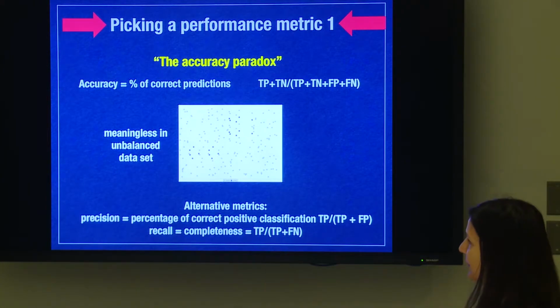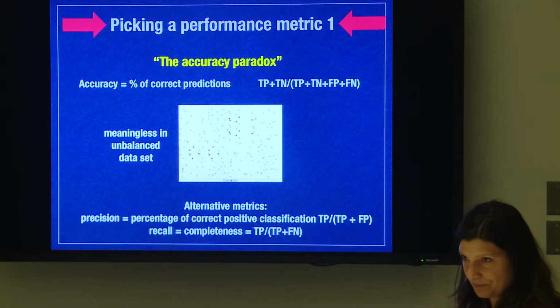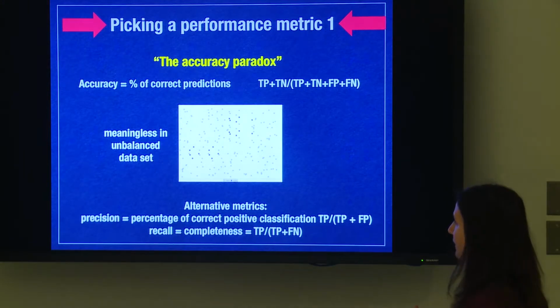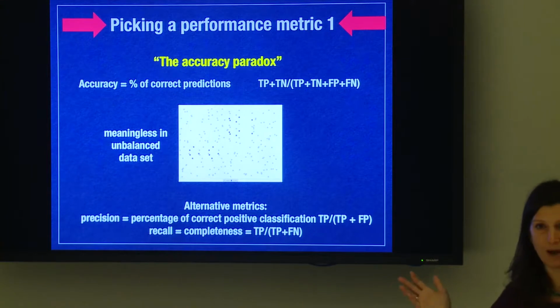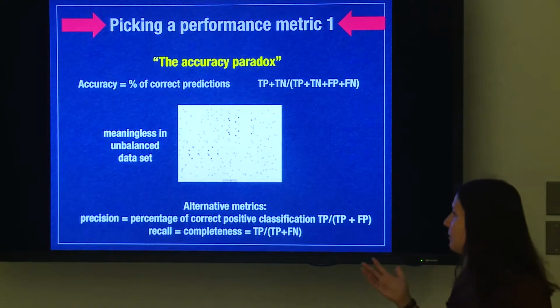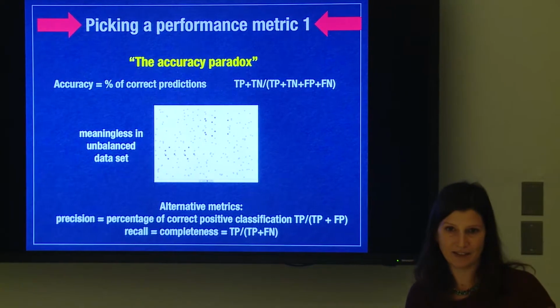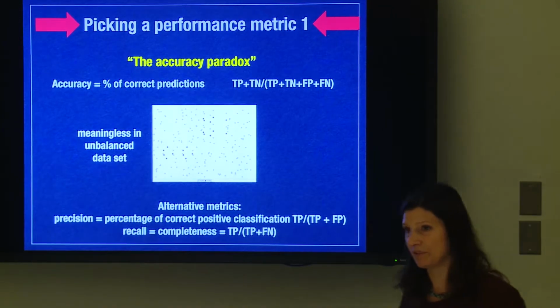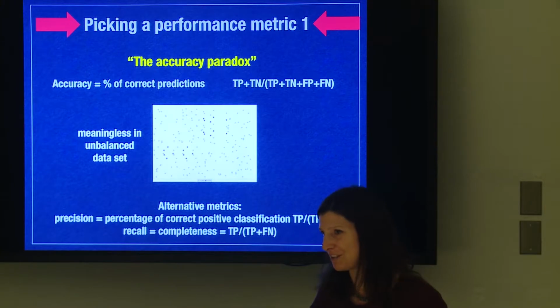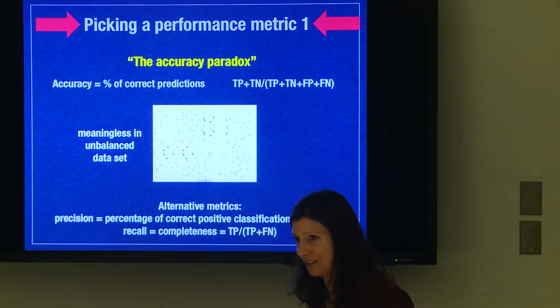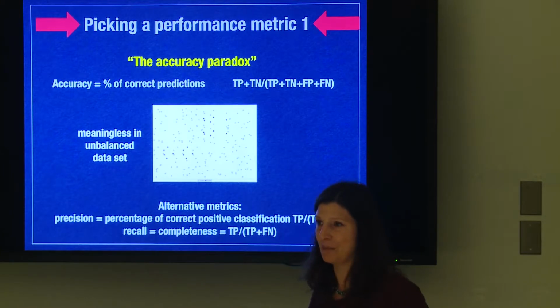If the data set is not balanced, say 99% of objects are in one class, you can build a completely dummy classifier that puts everything in one class and you will have 99% accuracy. But of course, this is deeply unsatisfactory from a physical standpoint.